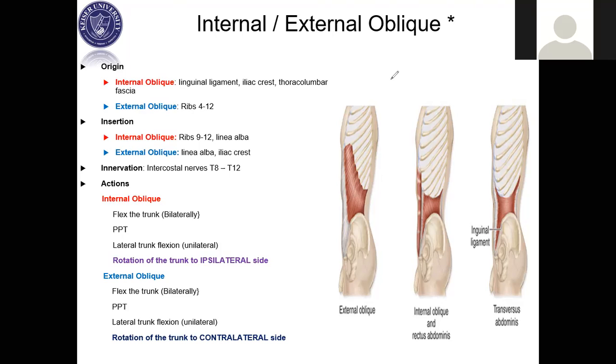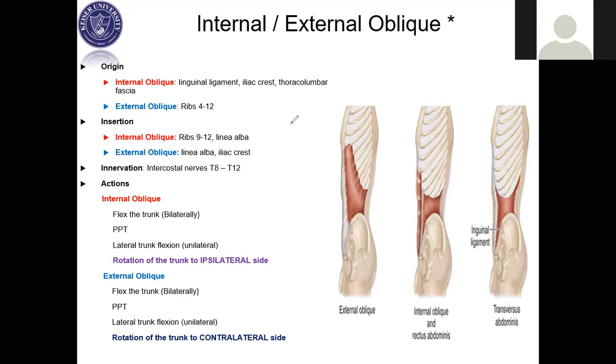But it's the rotation that is confusing. So again, if I rotate to the right, the right internal oblique will contract and the left external oblique will contract to perform that movement of the trunk.